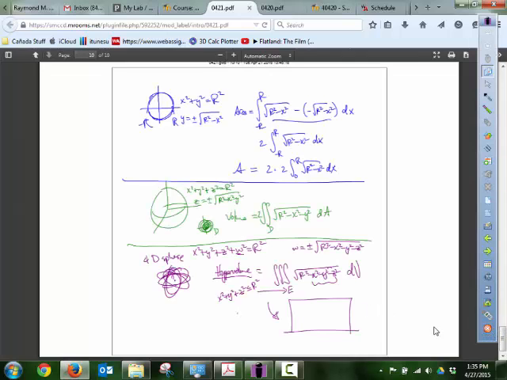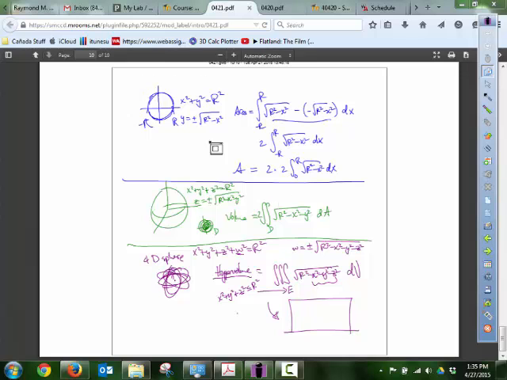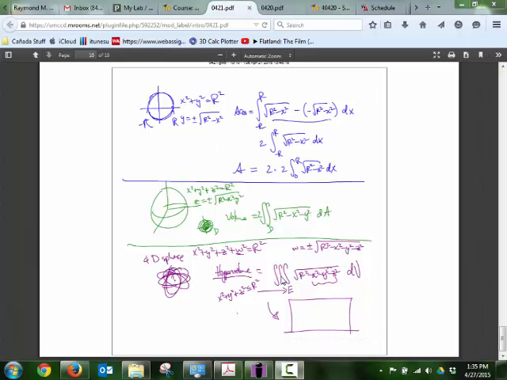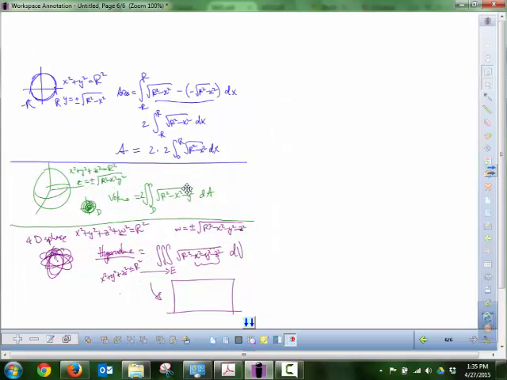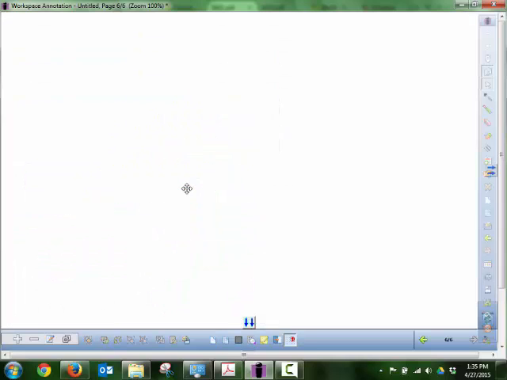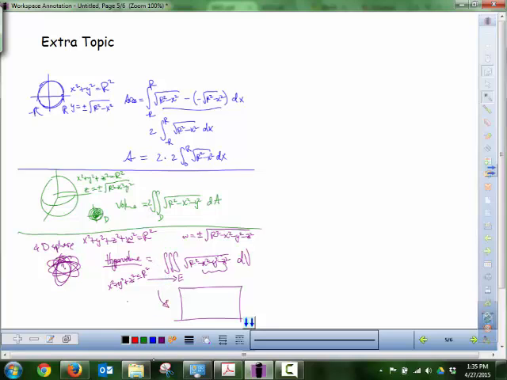This stuff. Oh, this should go with the previous page. So we ended up getting, I think I'm supposed to multiply this by 2 here. 2.